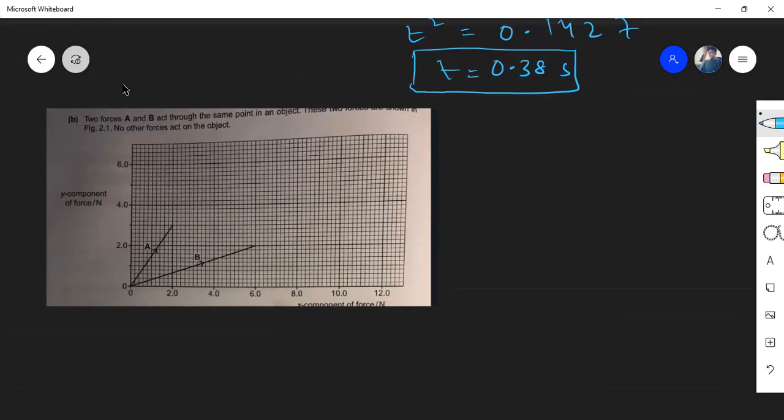So to find the resultant, first can I write force A in terms of its vertical and horizontal components? The easier way to do this question is to write A and B as column vectors. Can you write A and B as column vectors? I don't know how to do that.